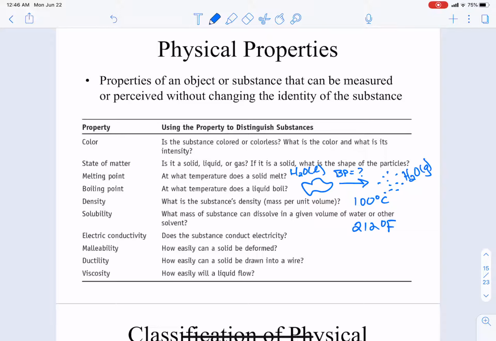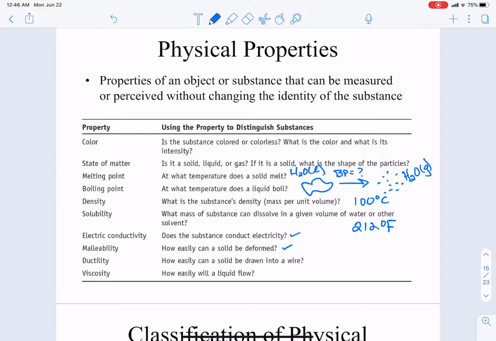So some other physical properties: density, solubility, so what your substance dissolves in, what other substances it might dissolve. Electrical conductivity, like with copper, we would see that copper is a really good conductor. Malleability, that means can you bend it?